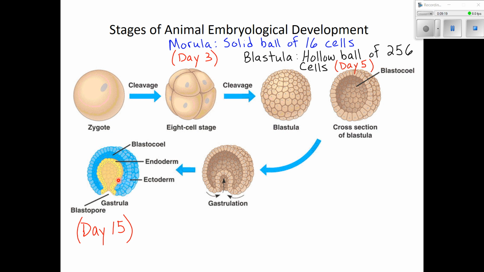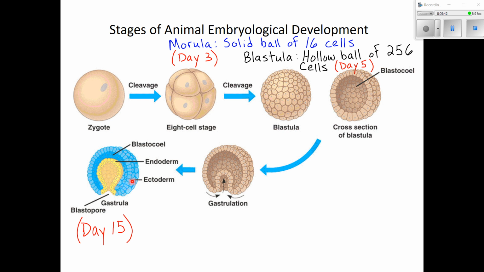So if I was to pluck out one of these cells right here that's color-coded in yellow, that cell can only and will only give rise to digestive system organs and tissues, maybe a few other things, but it'll never give rise to skin. It'll never give rise to nerves.